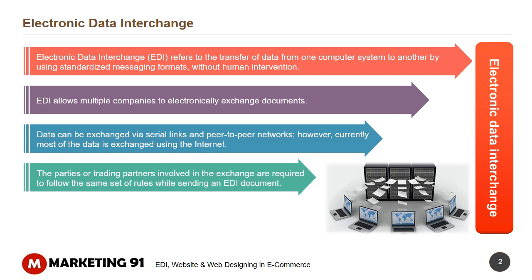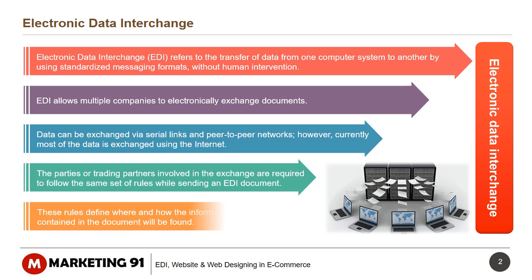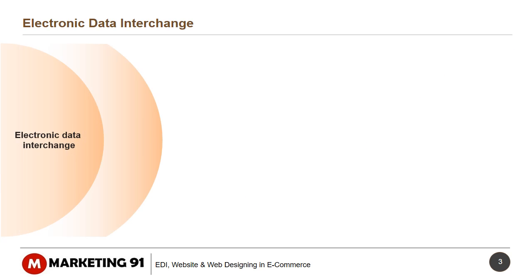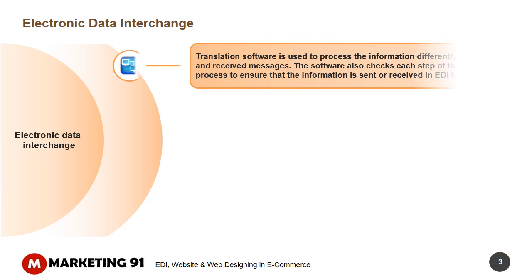The parties or trading partners involved in the exchange are required to follow the same set of rules while sending an EDI document. These rules define where and how the information contained in the document will be found. Translation software is used to process the information differently for sent and received messages.